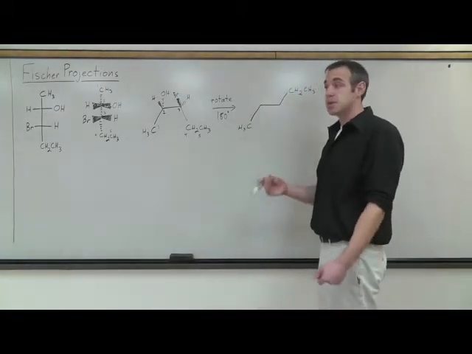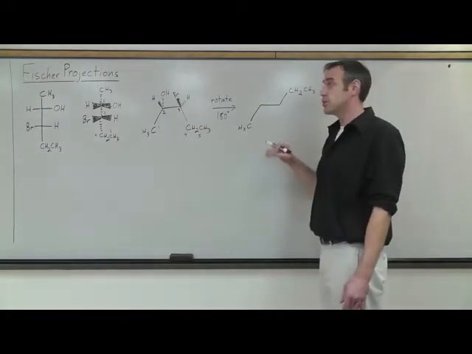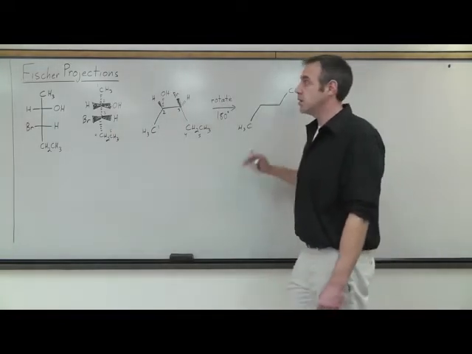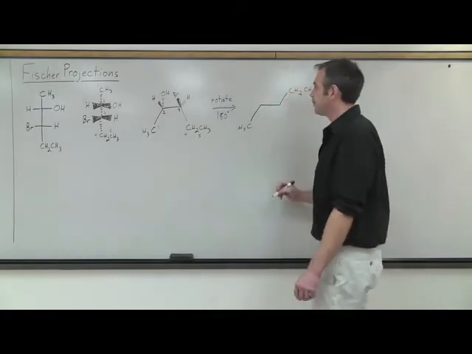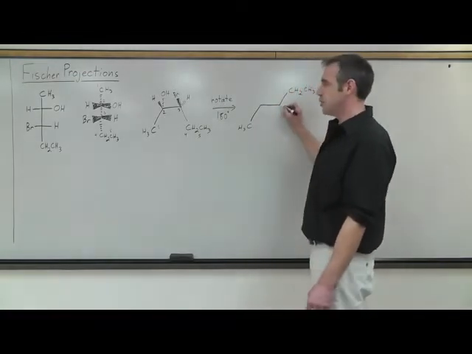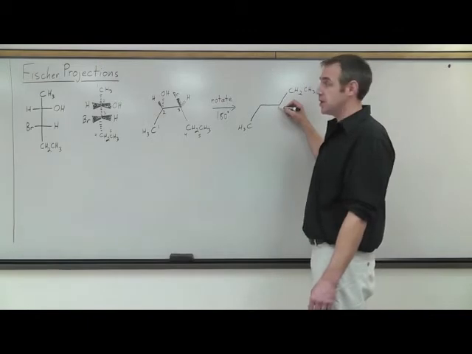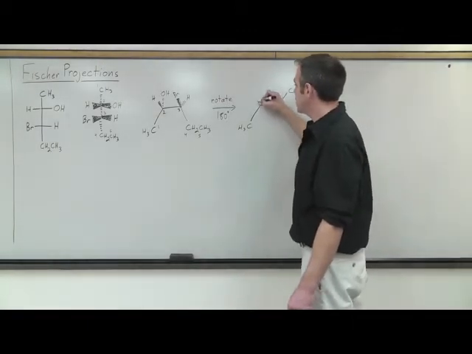But this is a useful skill to be able to go between a structure that I'll draw here and the original Fischer. If we've only rotated really this third carbon 180 degrees, the second carbon will stay the same.